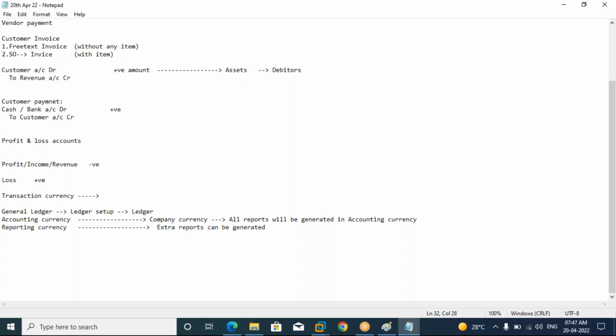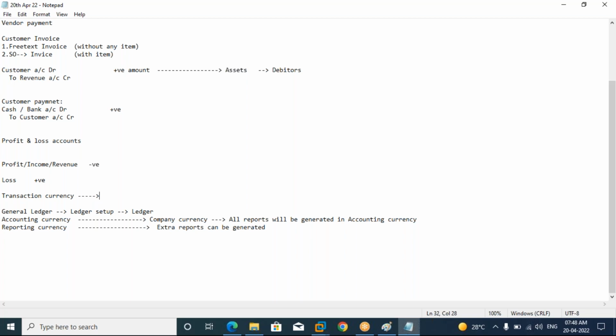Got it? If you are exporting material to, suppose, Australia, then the Australian dollar is the transaction currency. The accounting currency is fixed already, because your company is in India, INR is my accounting currency. But the transaction currency will keep on changing based on the requirement.